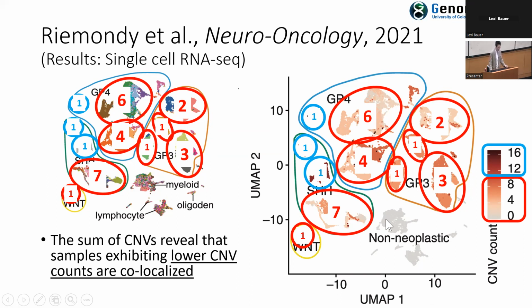But then the handful where there are high CNV counts, like 12 to 16, they're all clustering over here, and they're also patient specific. There's only 1 in each of these groups. So that's another interesting correlation that they found using InferCNV, between the samples and the CNV counts. So that's interesting stuff there.